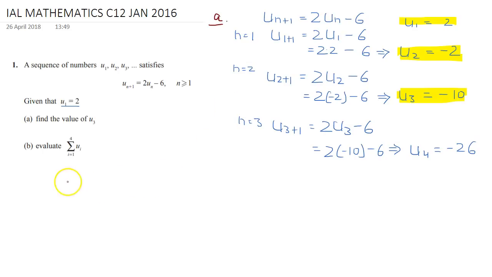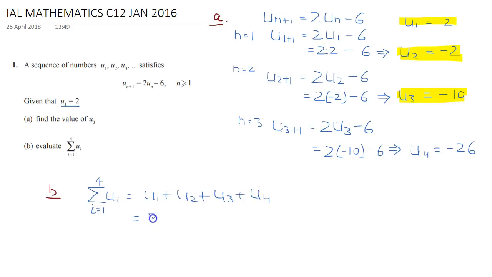Part B. Evaluate the sum of ui from i is equal to 1 to 4. It means it is u1 plus u2 plus u3 plus u4.